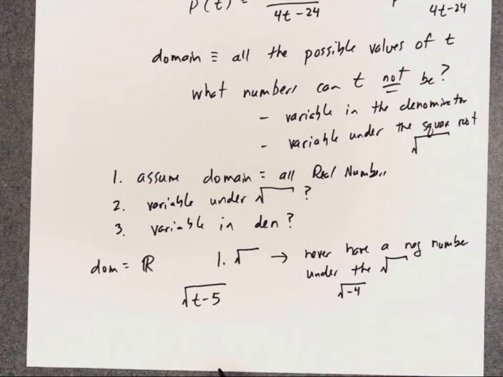So let's go find the numbers for t that would cause me to have a negative number under the square root, and then those numbers are not in my domain. They're not allowed. I have to avoid ever having negative numbers under the square root. So how do I figure out when I have a problem? When does that occur?